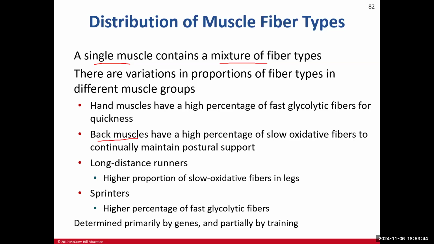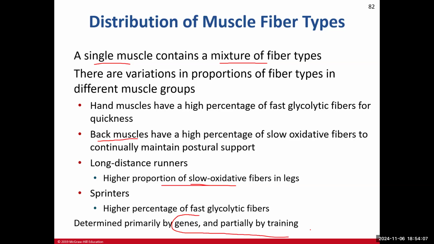In certain athletes, sprinters versus long distance runners, for example, in marathon runners, you're going to see the slow oxidative fiber types in their legs. But in the sprinters, you better believe you're going to see the fast glycolytic fiber types there. But keep in mind, I believe I asked a question on this.